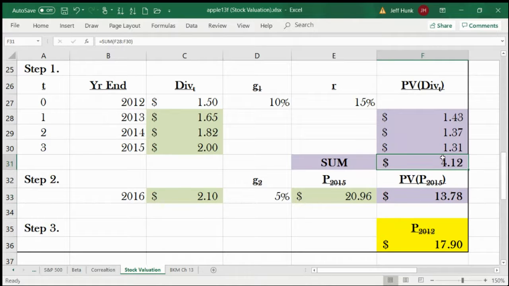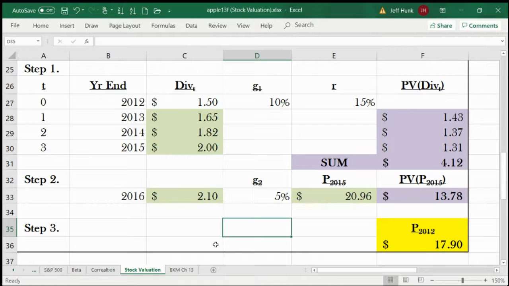Well, we already got that, right? The present value of all those is 4.12, and the present value of this is 13.78. So the actual stock price at the end of 2012 is the sum of these two. Make sense? We got it. So 17.90, to be exact, right?